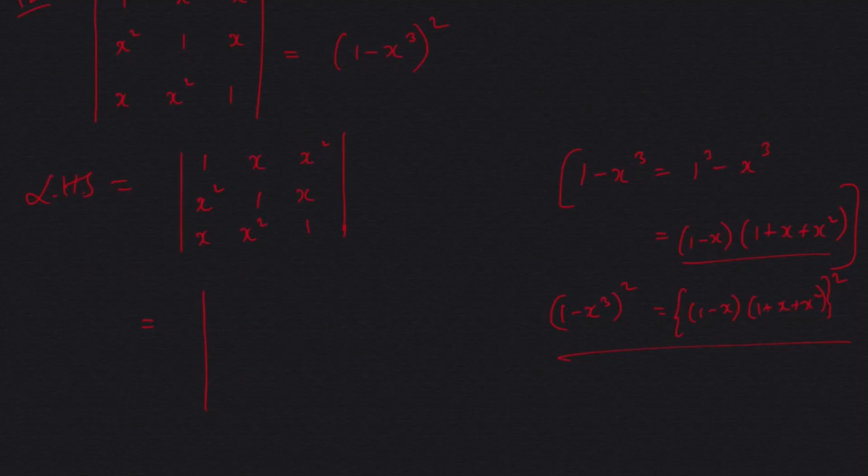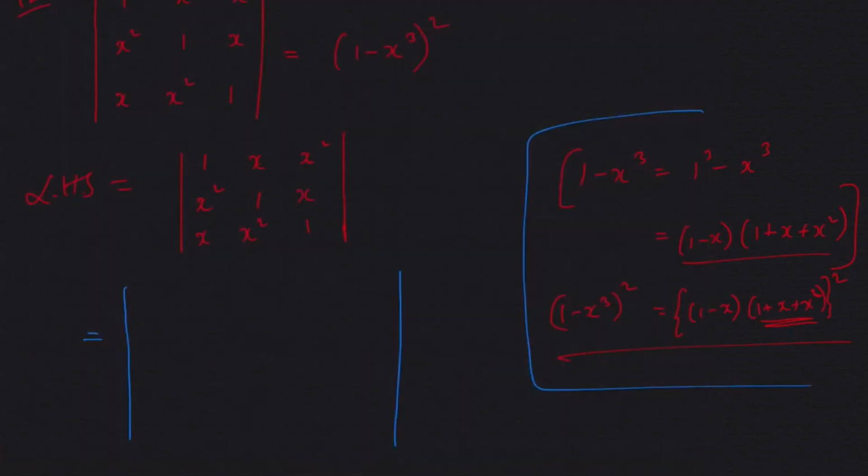Now if we turn back to our left hand side, we can see that this value we can already achieve if we just add the respective columns. In column 1, I will apply column 1 plus column 2 plus column 3.